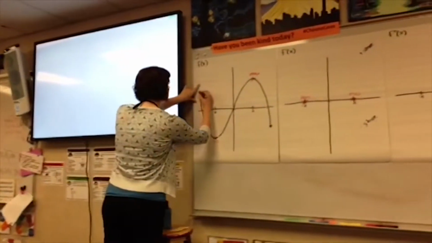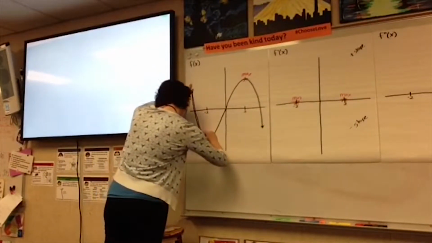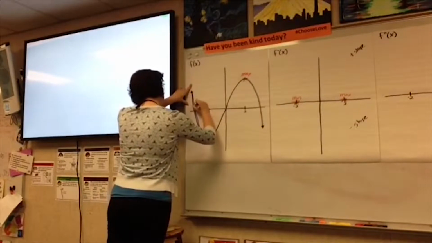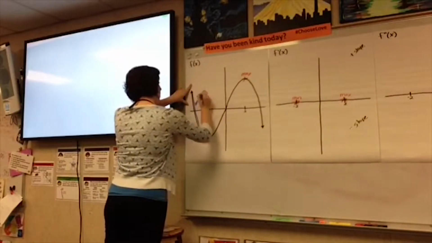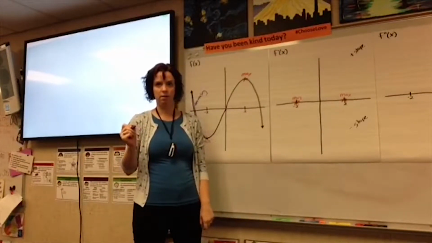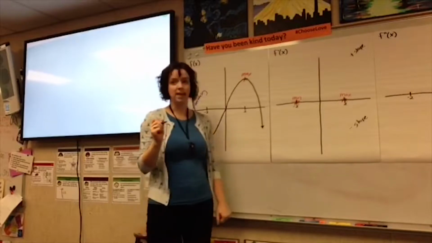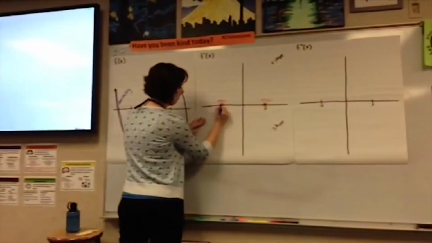Negative slope, okay. Here we know it's decreasing. And where would I draw that on the first derivative graph? Below the x-axis, connecting to what? Negative 2.